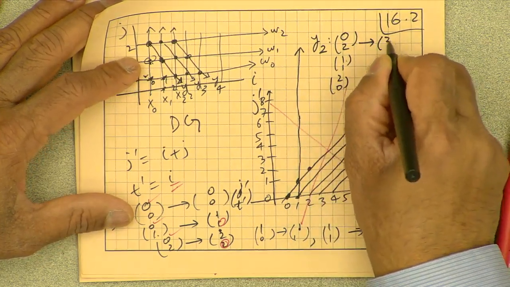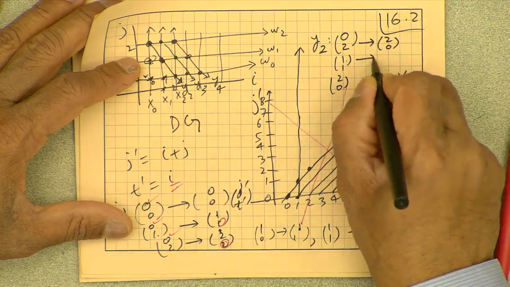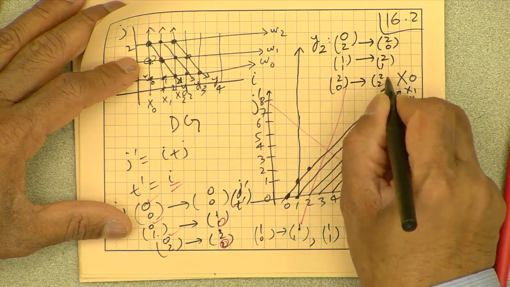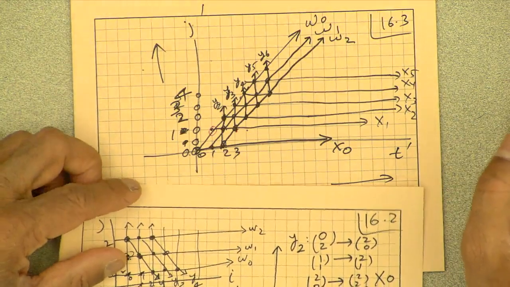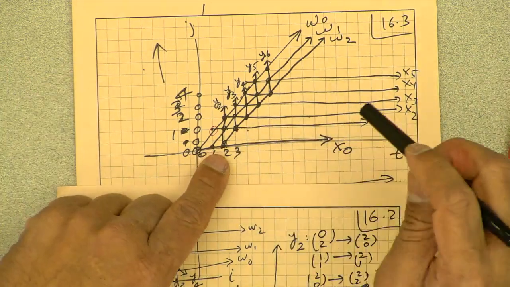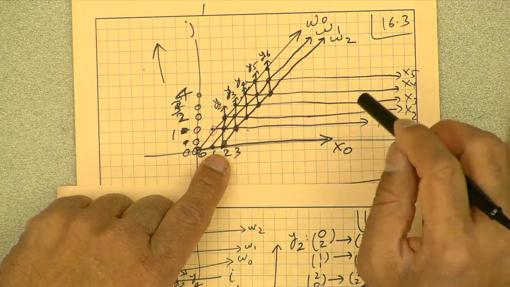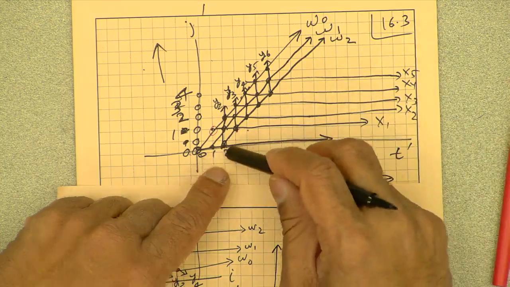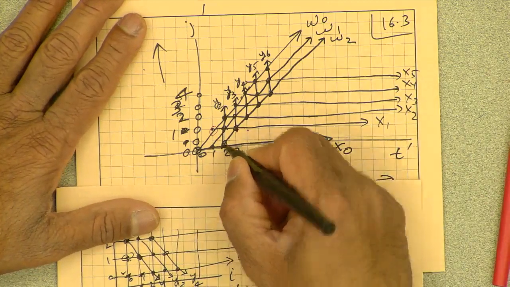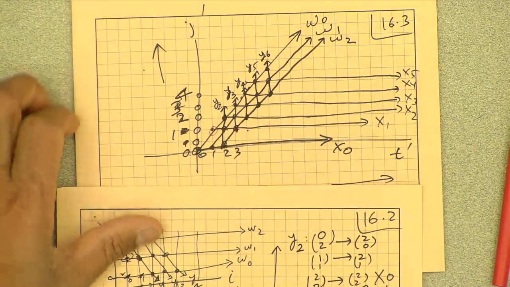This maps to 2, 0, i plus j and i. So this is 2, 1, and this is 2, 2. If I take 2, 0, that's here, and 2, 1, and 2, 2.